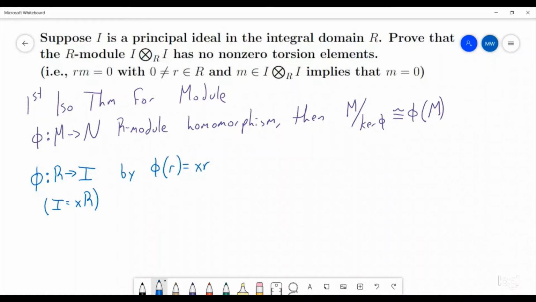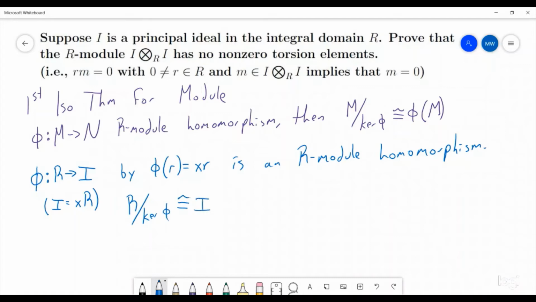This is going to be an R module homomorphism. So that means that R modded out by the kernel of phi is isomorphic to I.